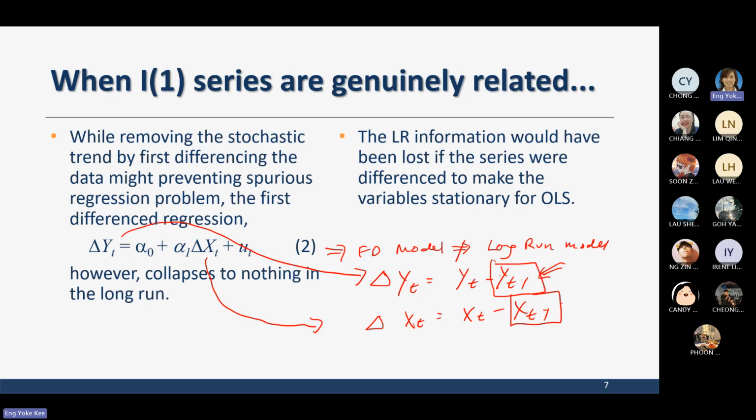What happened yesterday does matter. What happened yesterday will jeopardize the relationship between me and you. Therefore, this number no longer equals 0, and this first difference model becomes a short run model.